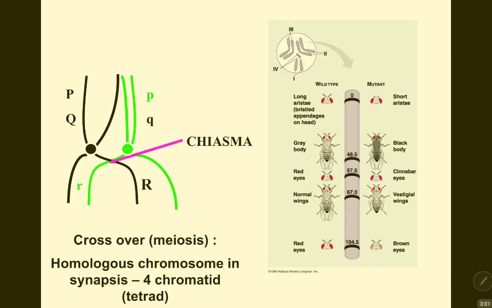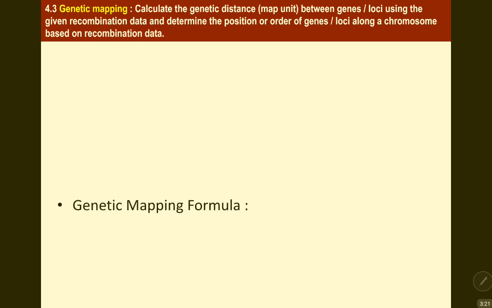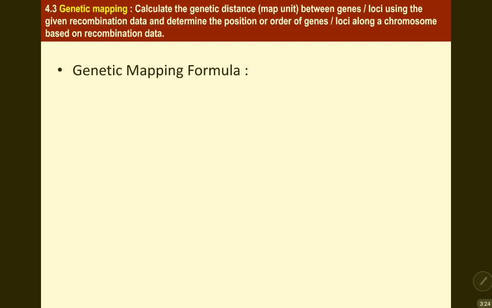This one shows the gene mapping for different genes. The values of COV are very far apart, from 0 to 48.5, to 57.5, 67 to 104.5, the distances. Alright, so there is a formula in calculating genetic mapping.